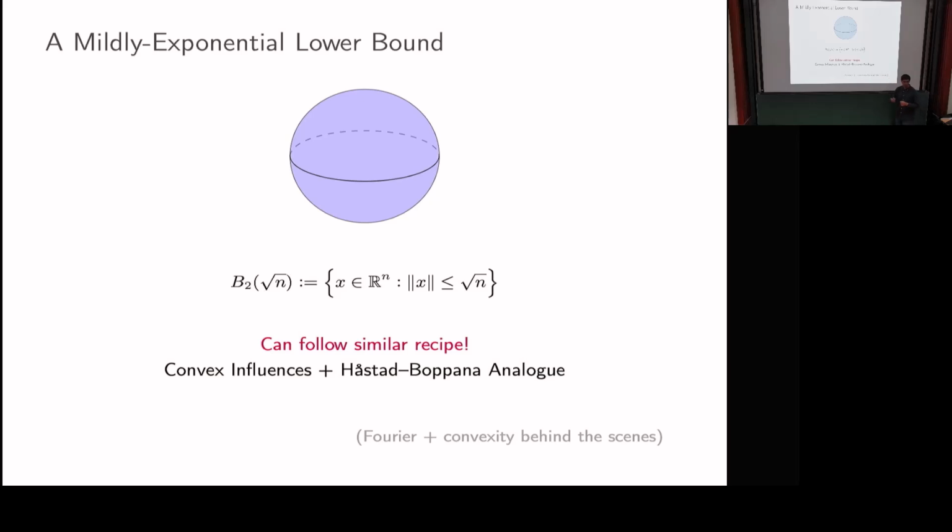But our proof is again geometric, and you use Gaussian isoperimetry again. But you get the same statement: if you have an intersection of S half spaces, the total convex influence is order log S. And again, you have to use Fourier and convexity behind the scenes, the same way you use Fourier plus monotonicity. So again, very different settings, very different techniques, but the same kind of proof comes out.